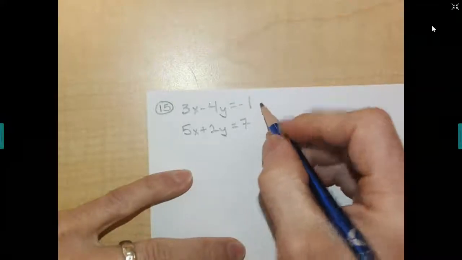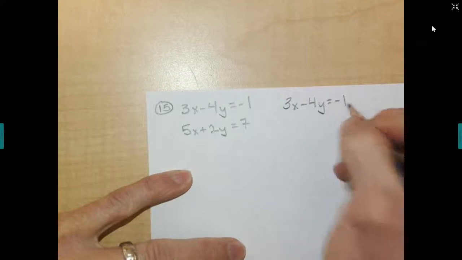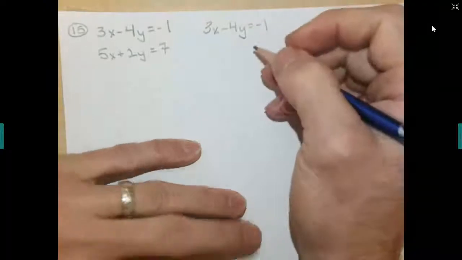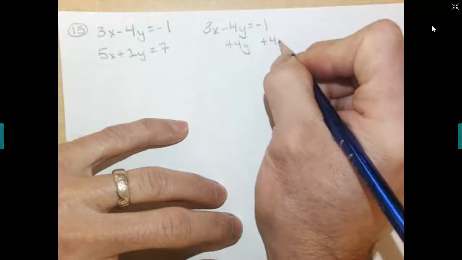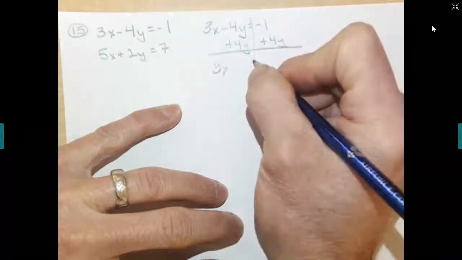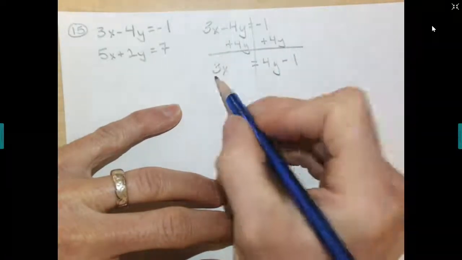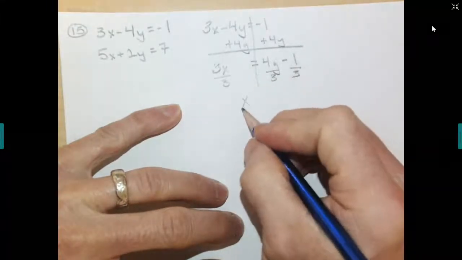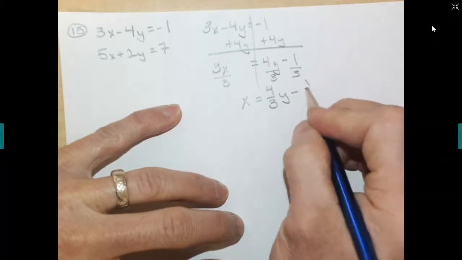I think I'll solve for this one. 3x minus 4y equals negative 1. So let's solve for the x. So plus 4y. So I have 3x equals 4y minus 1. Divide by 3. So I have x equals 4/3 y minus 1/3.